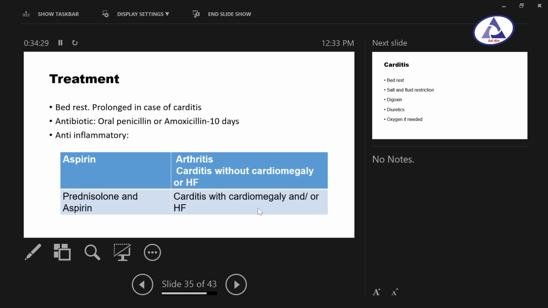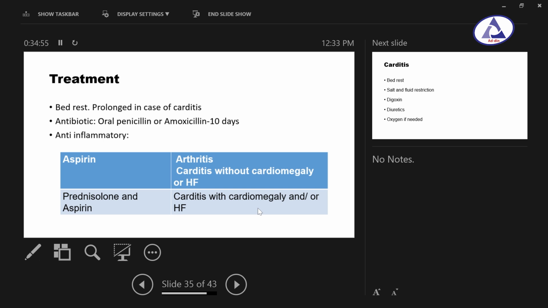And we treat the patient with anti-inflammatory drugs. Aspirin is for arthritis, and carditis without cardiomegaly or heart failure. Okay? Prednisolone and aspirin for carditis with cardiomegaly and or heart failure.